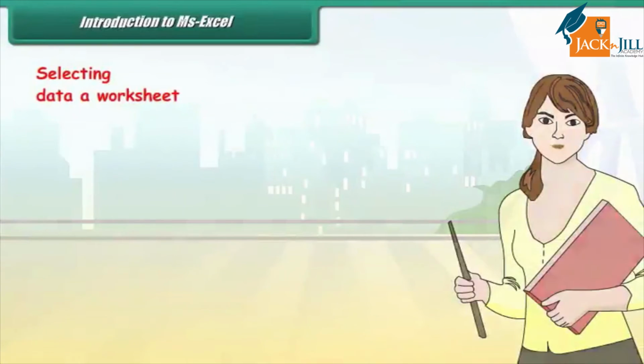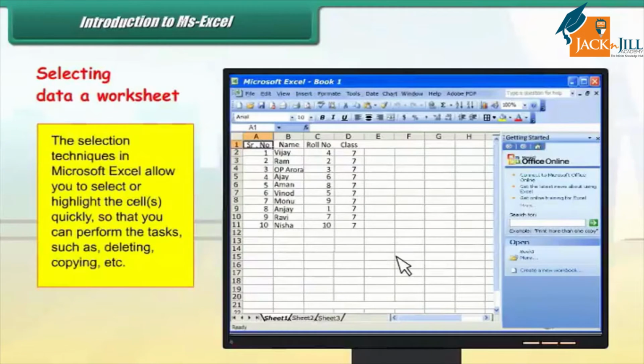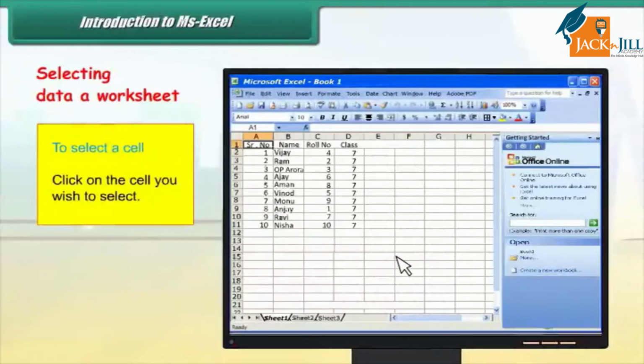Selecting data in a worksheet. The selection techniques in Microsoft Excel allow you to select or highlight the cells quickly so that you can perform tasks such as deleting, copying, etc. To select a cell, click on the cell you wish to select.